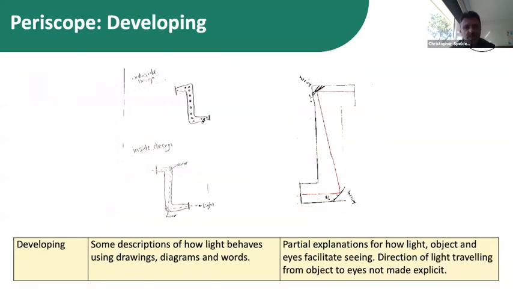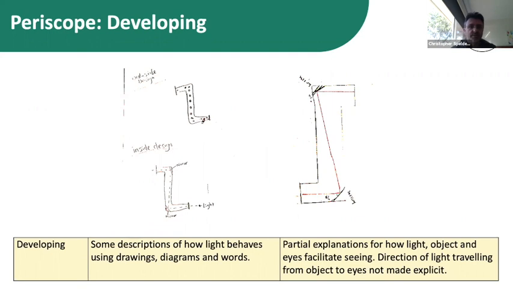And we're starting to see in these diagrams more evidence of how light behaves. So the drawing on the right, we've got the straight line of the light moving through the internal workings of a periscope. And similarly, we've got a dotted line on the left. And on the left, you've got a top drawing, which is the exterior of the periscope, decorated, and the bottom is the inside.